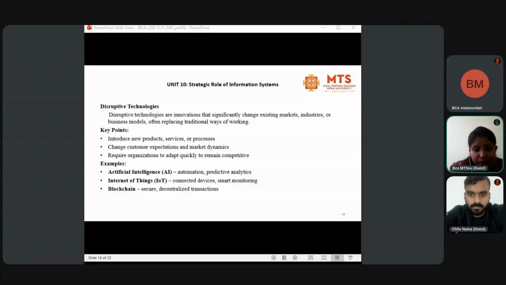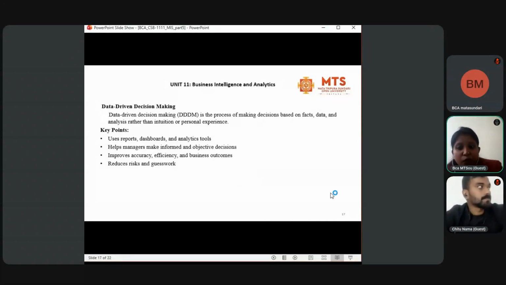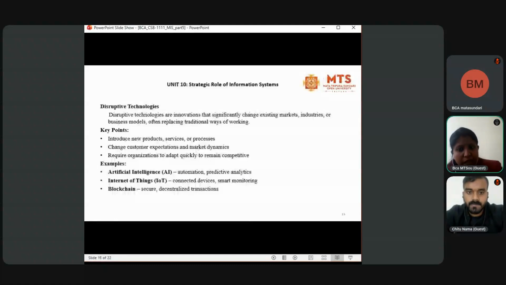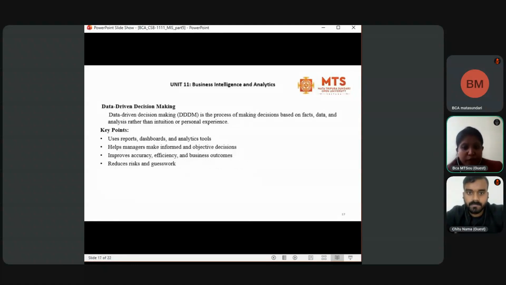Then data warehouse. A data warehouse is a centralized repository that stores large volumes of integrated data from multiple sources, structured for analysis and reporting.